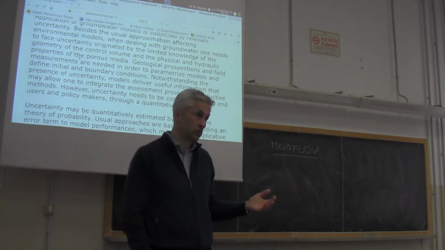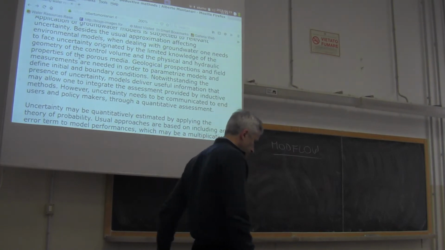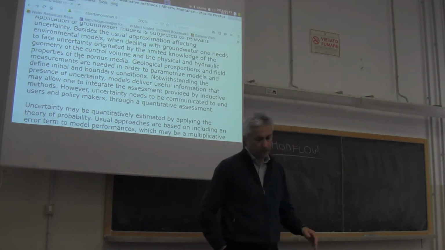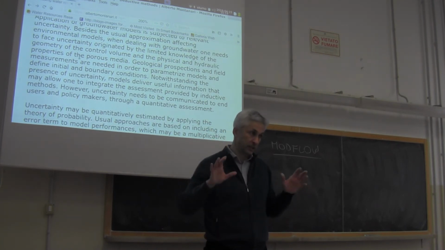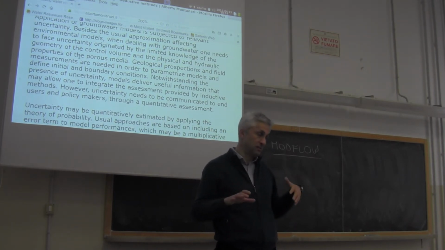We usually refer to larger time scales, like seasons, for instance, and in this case we can reduce uncertainty. The problem becomes simplified.